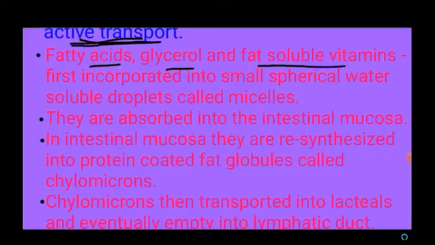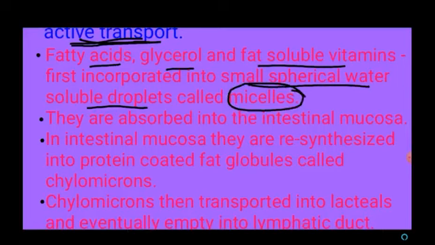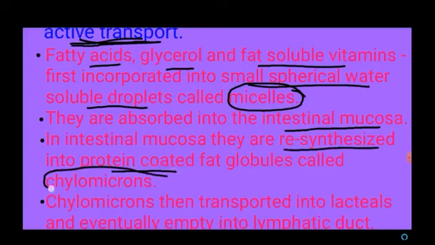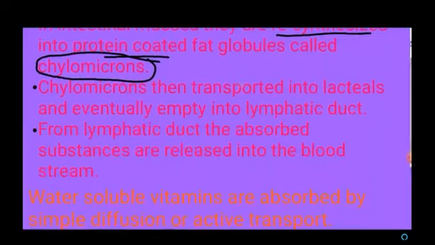In the case of fatty acids, glycerol and fat soluble vitamins, these cannot directly enter into the blood. First they get incorporated into small spherical water soluble droplets, called micelles. These micelles are absorbed into the intestinal mucosa, and in the intestinal mucosa, they are resynthesized into protein-coated fat globules, called chylomicrons. Then the chylomicrons are transported into lacteals, and eventually emptied into the lymphatic duct from the lacteals.